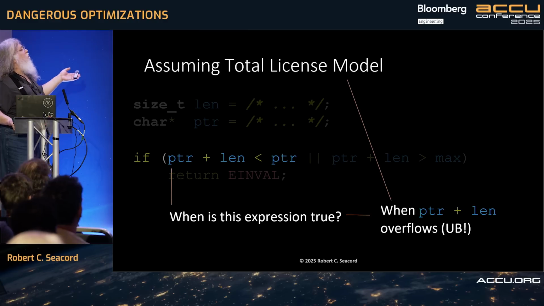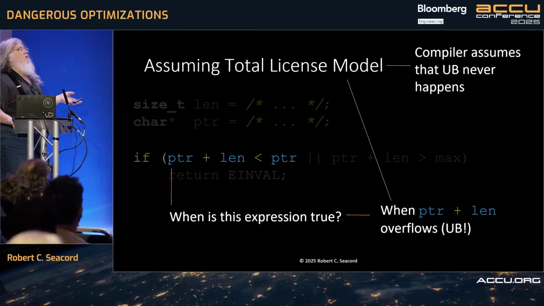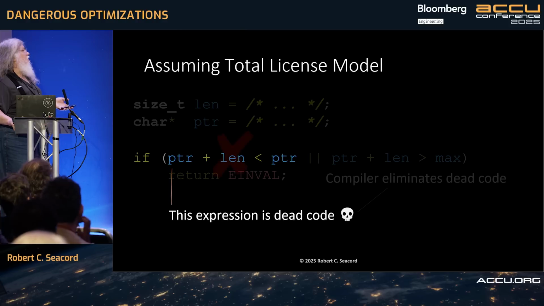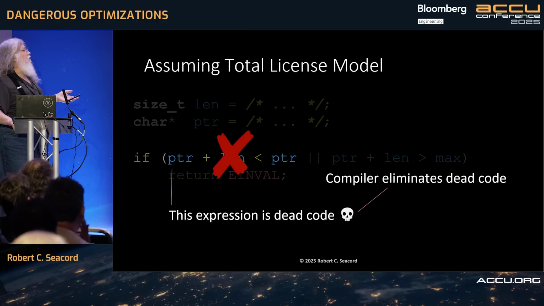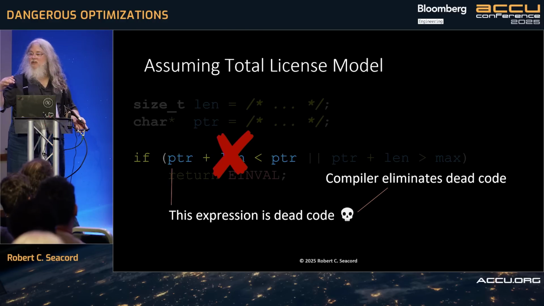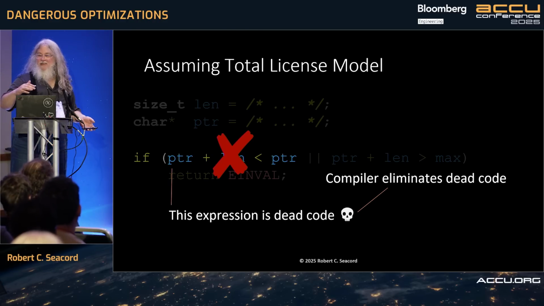So assuming the total license model for this compiler, the compiler can assume that UB never happens. So it's never true, and since that's never true, that expression is dead code and is simply eliminated by the compiler and never executed. So you're back to the original code without that test, except actually it's a little bit worse now, because it looks like there's a test, but there isn't one at all.